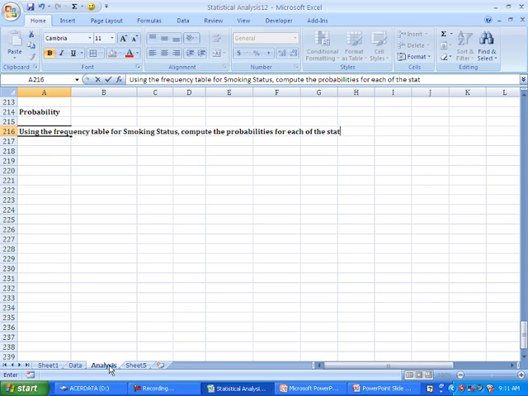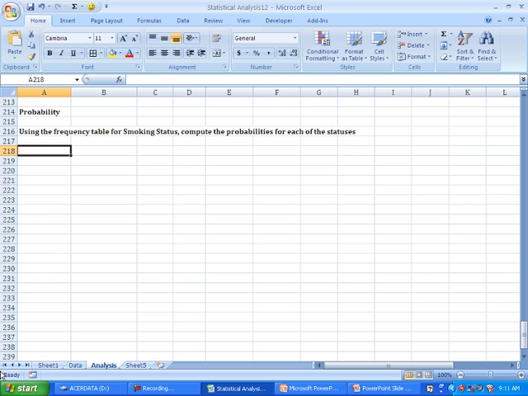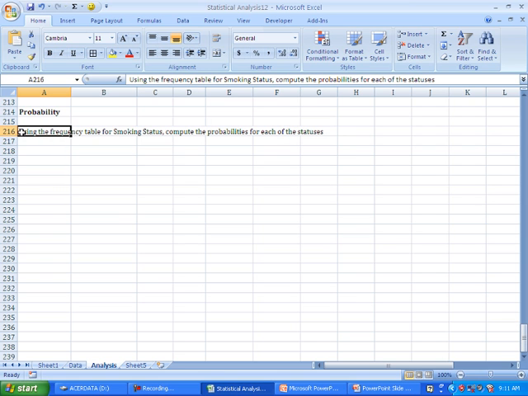Right, so to start with, we are using only the frequency tables itself. So we have already seen how we compute the frequency table, right?